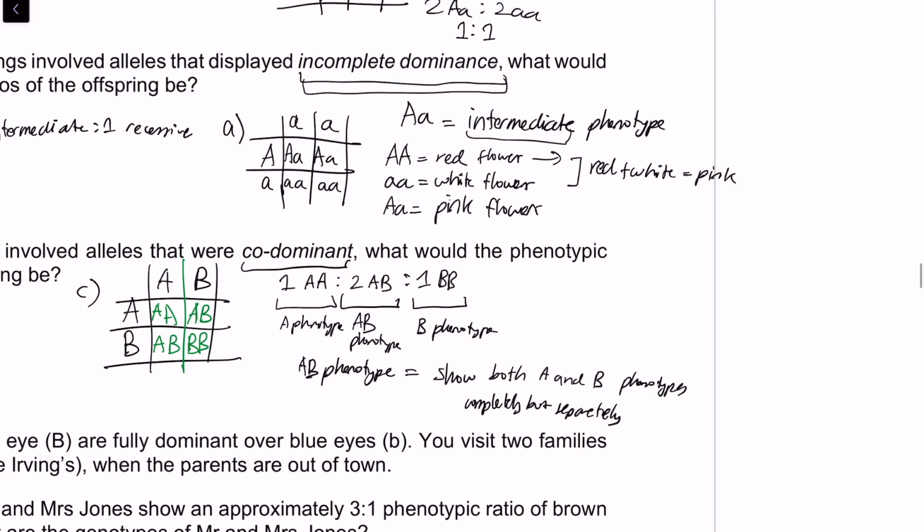So for example, if our red and white flowers were codominant, you'd get something like this, right? You'll have a bit of red in the flower, and this is complete red, but then maybe the other half will be pink.